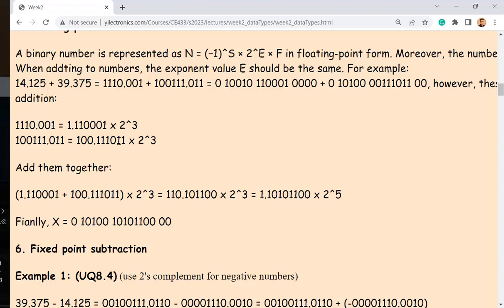So you have to convert them into the same exponent first, and then do the addition, and then find a result and start from there. So for example, I converted them so I have the same exponent first, and then add them together. Okay, so here's the result of the addition, and then I start from there.